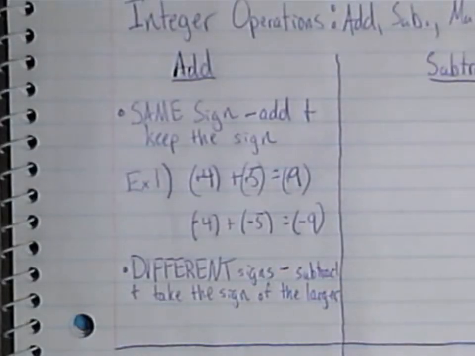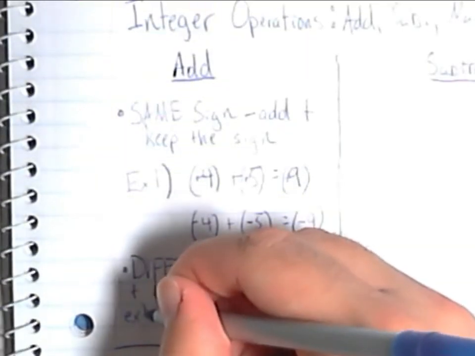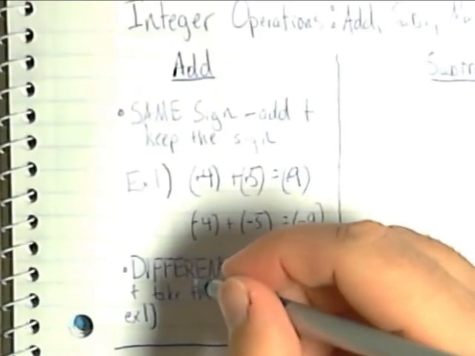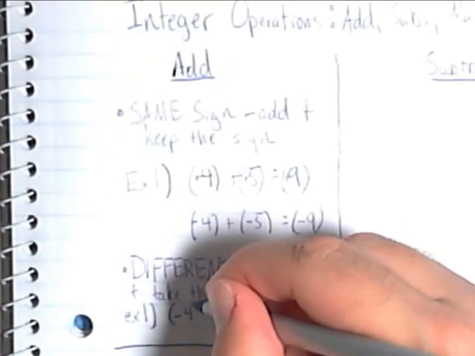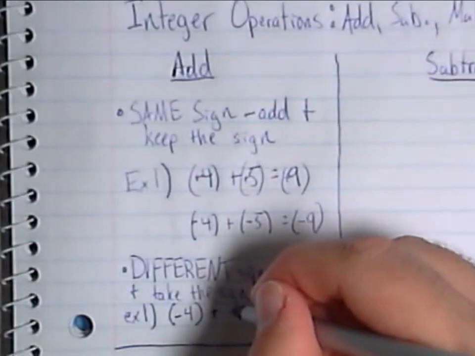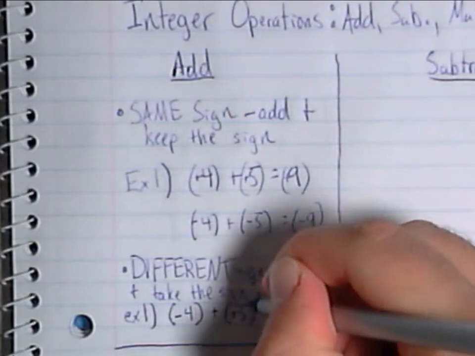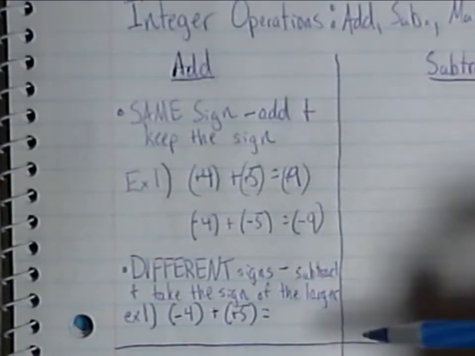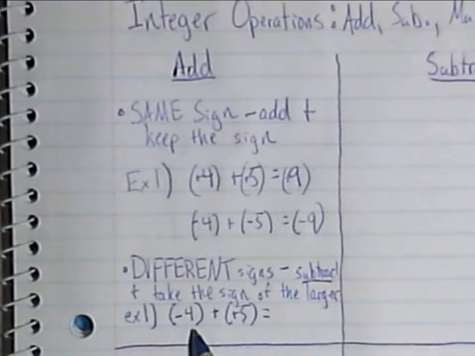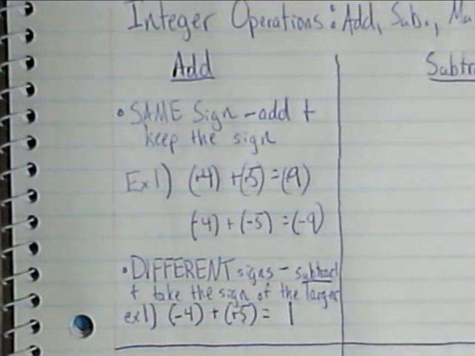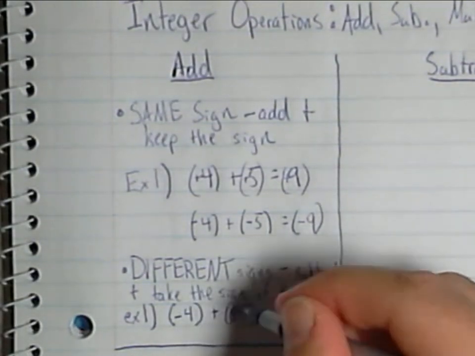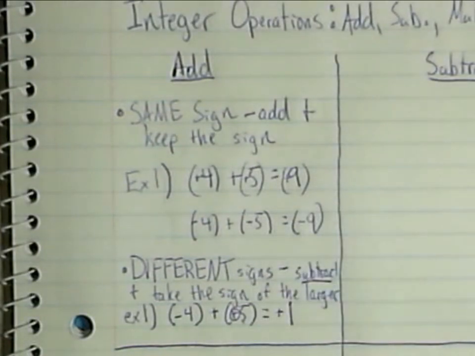For my first example, if I were to do negative 4 plus a positive 5, I would subtract those two numbers together. So 5 minus 4 is 1. In this case, the larger number is the 5, right? The absolute value that is larger is 5. Since the 5 is positive, my answer is going to be positive.